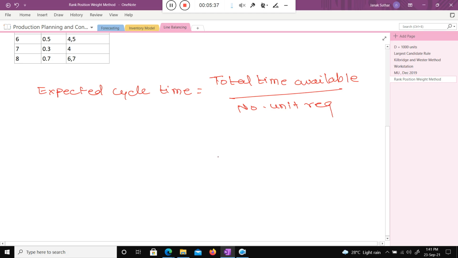So here, what is the cycle time? Very simple calculation: 250 is the total working days, 10 hours is the working shift, and I multiply by 60 to convert to minutes. And the number of units required is 1,50,000, right? So can you quickly calculate it and let me know the cycle time, class? 1 minute. Okay.